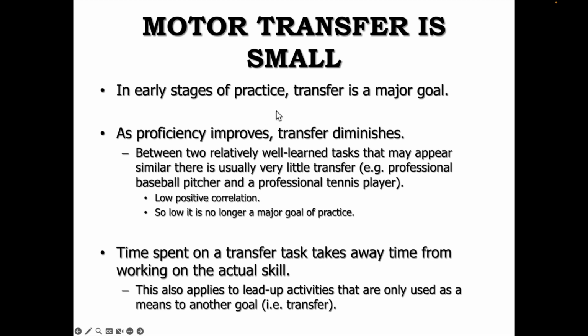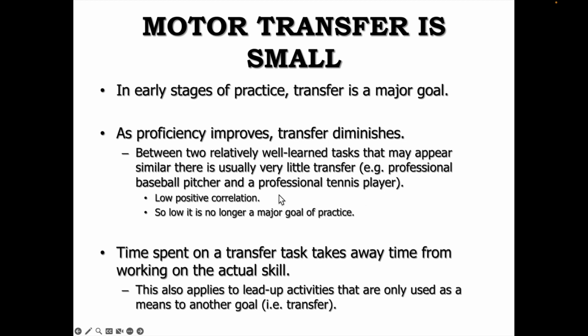So in the early stages of practice, when we're beginners, transfer between our drills or practicing different skills and the skill of the actual competition is going to be a major goal. But as we get better and become more expert, the transfer diminishes.